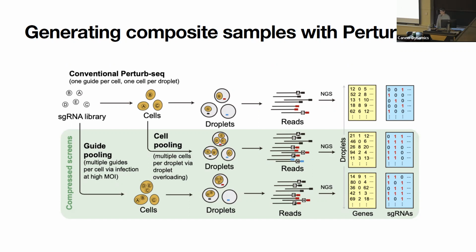These are relatively straightforward ways to generate random composite samples. The set of cells and their associated genetic perturbations that end up in any given droplet is just a random process. And what I read out from each droplet is now an average of the RNA from all of the cells that were contained together in a given droplet.